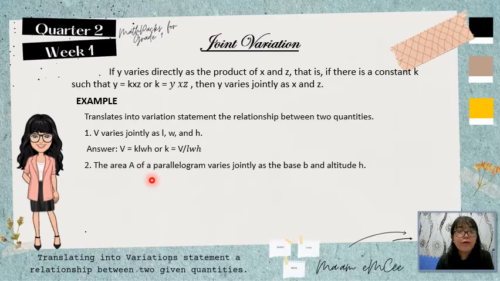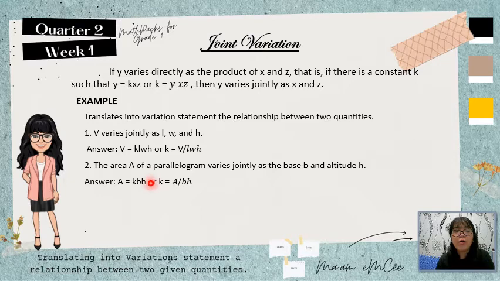Two. The area A of a parallelogram varies jointly as the base b and altitude h. Again, our first variable will be on the left side. Our second and third variables will be on the right side together with our constant of variation. So A is equal to kbh.